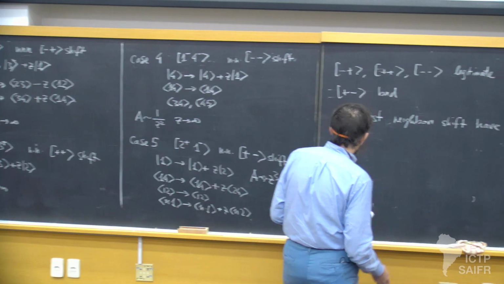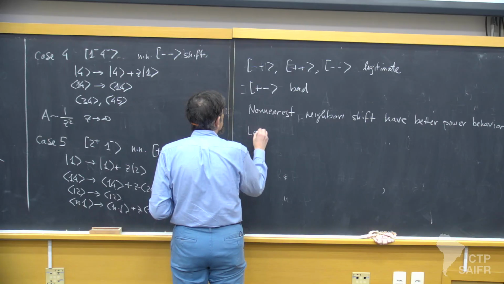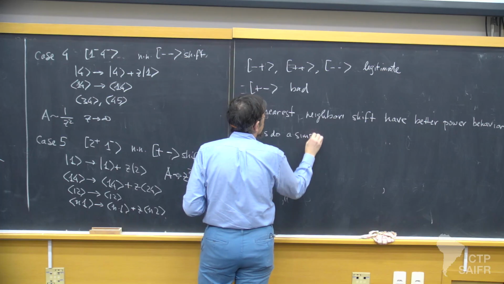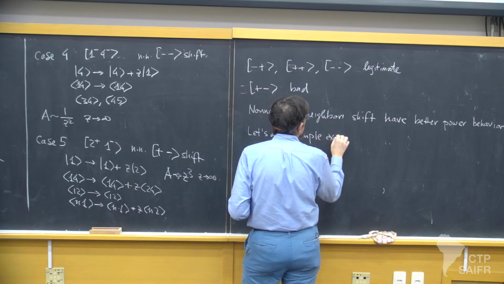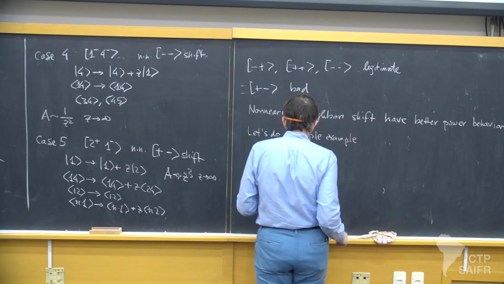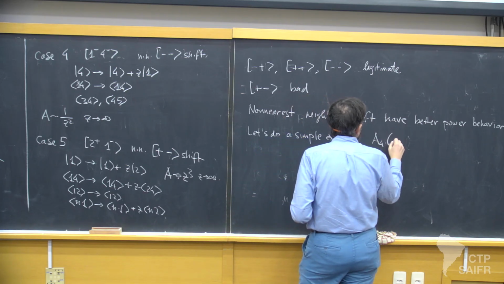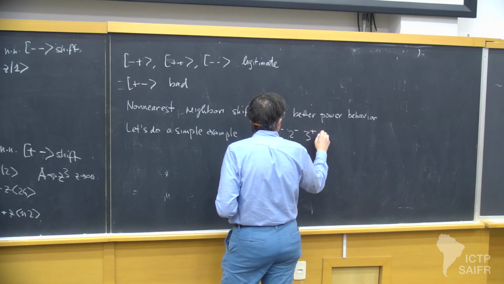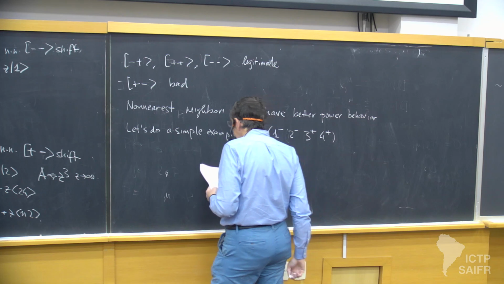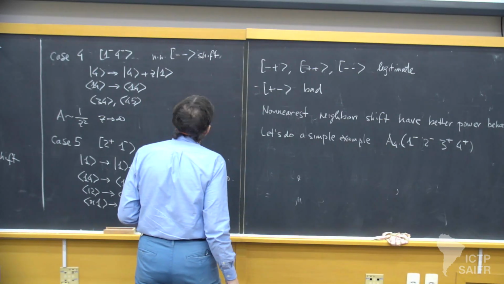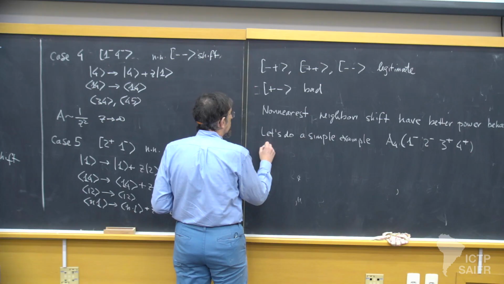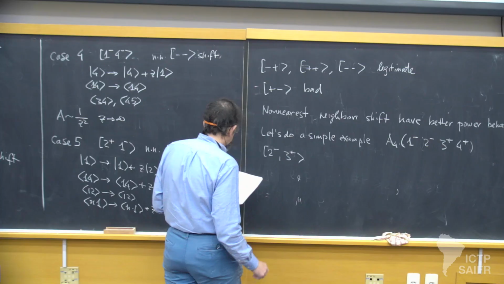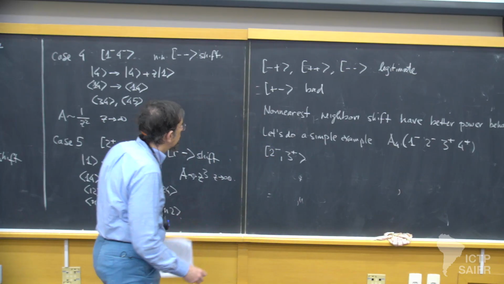and do one example. So let's do a simple example, which is to compute a 4-point amplitude. So we're going to pick a 2-3 shift. So it's a minus plus shift. And we can write it out.